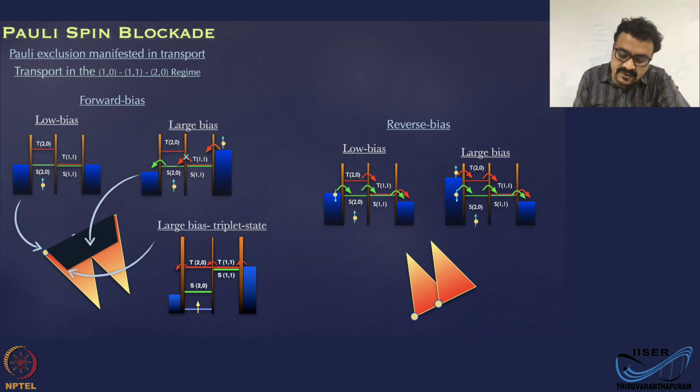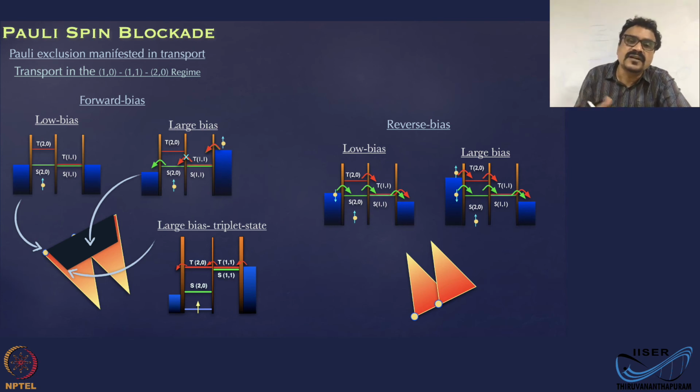So in this low bias configuration, only the spin down electron can tunnel, because the spin up electron needs to form a T20 state. That level is not accessible. So only the spin down electron can go through the system. But anyway, there are plenty of spin down electrons, so you will get the current through the system. Okay.